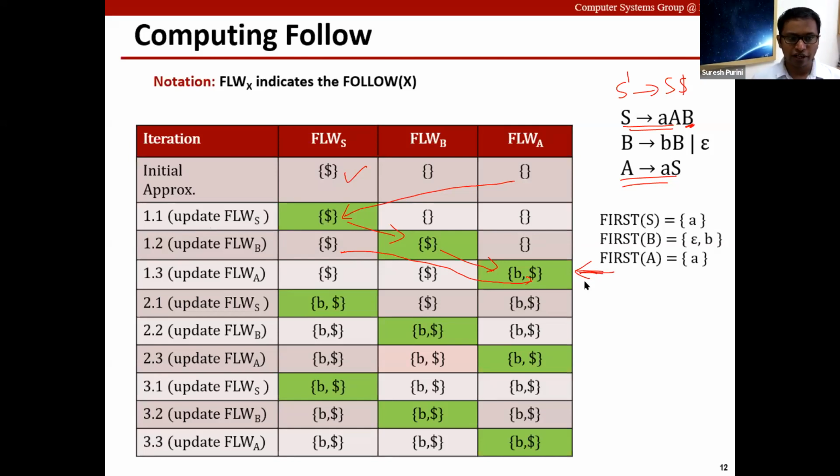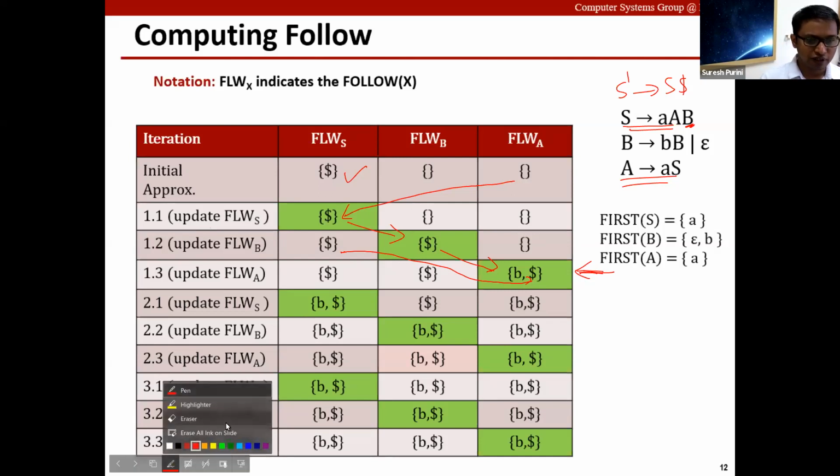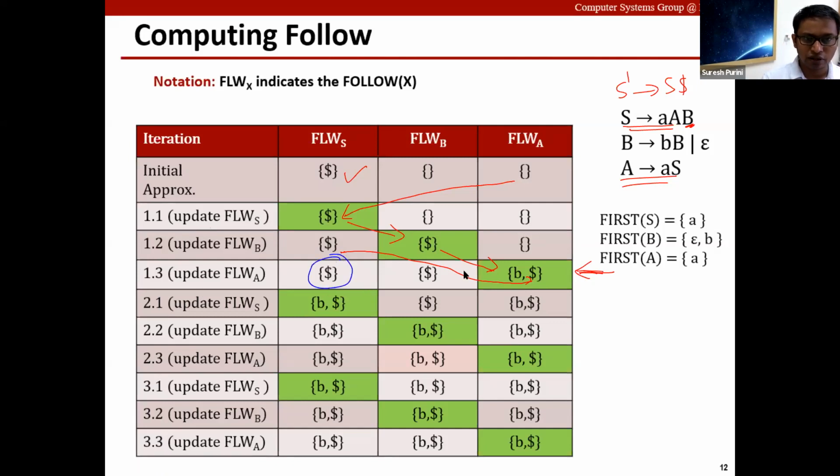So we go to iteration 2 and we apply the same rules with the new improved estimates at the end of iteration 1. These are the values at the end of iteration 1. We use these improved estimates to update the follow sets in the second iteration. I will not go through these rules again.